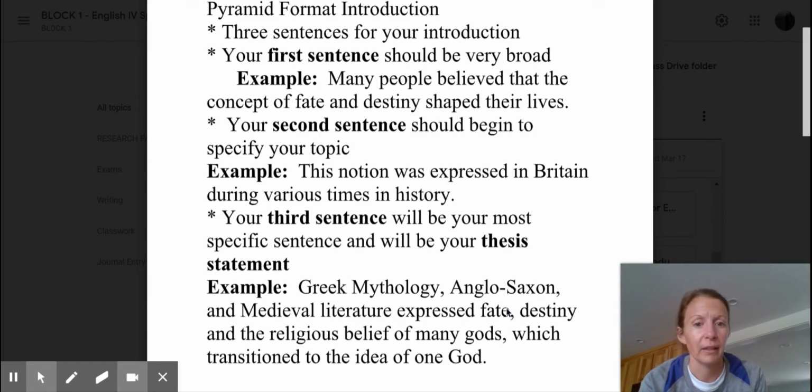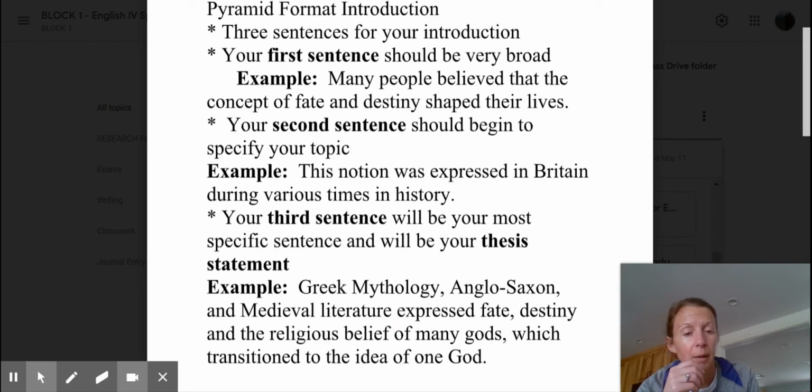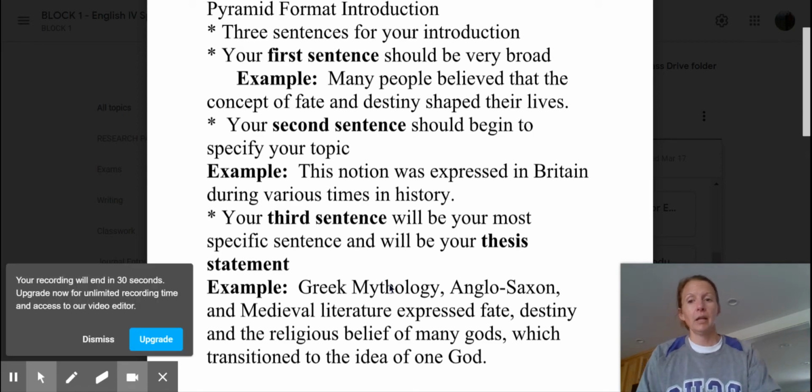So if I had listed out, for example, with this particular thesis statement, Greek mythology, Anglo-Saxon, medieval literature, fate, destiny, and religion, transition between monotheism and polytheism, then I would have messed around with that statement until I created a thesis. And that's basically the thesis statement.